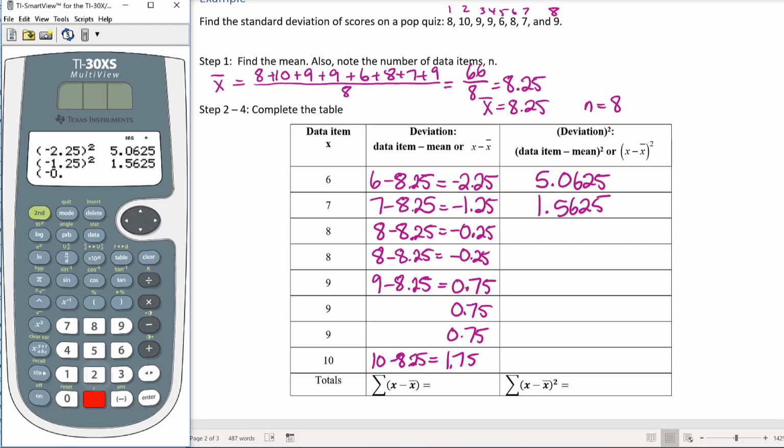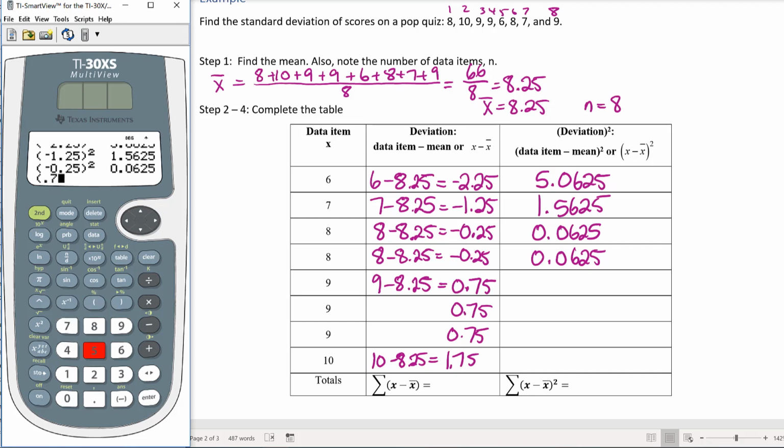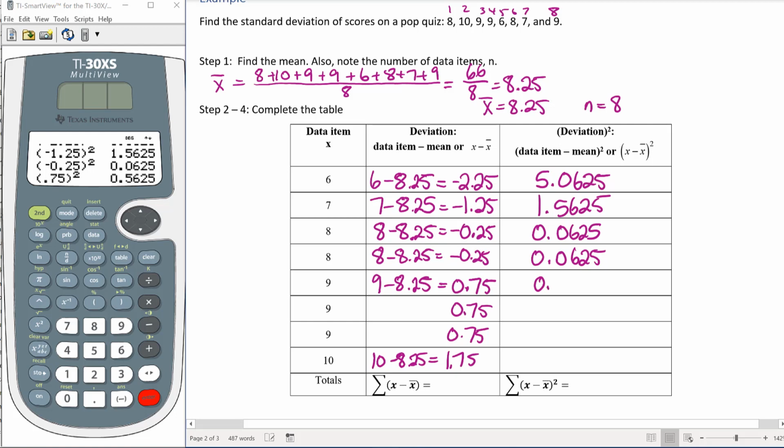negative 0.25 squared, 0.0625, and that appears twice because it's the same value. 0.75 squared is 0.5625, and that appears 3 times.